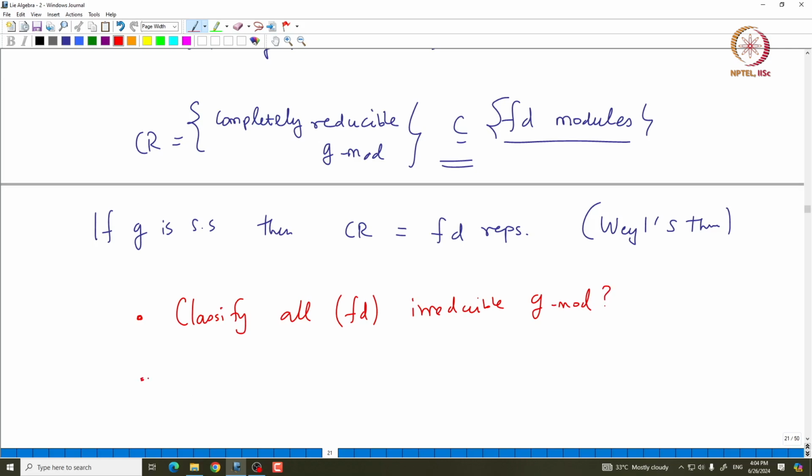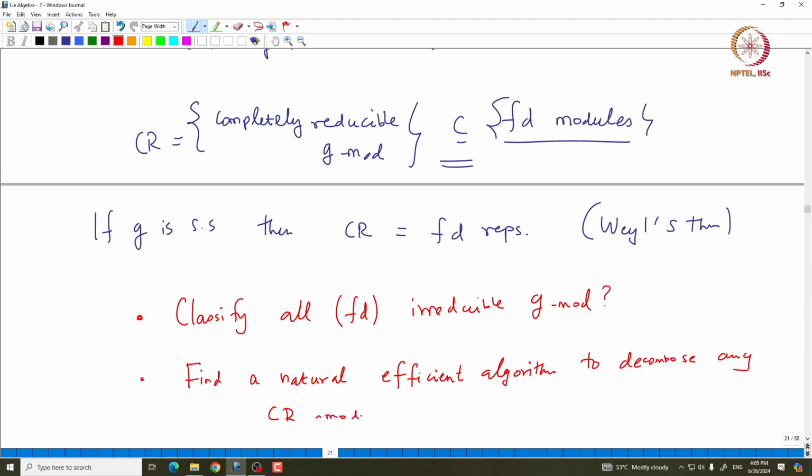The second thing is, once you are done with this, we have to propose an algorithm: find a natural, efficient algorithm to decompose any completely reducible module into irreducible submodules.